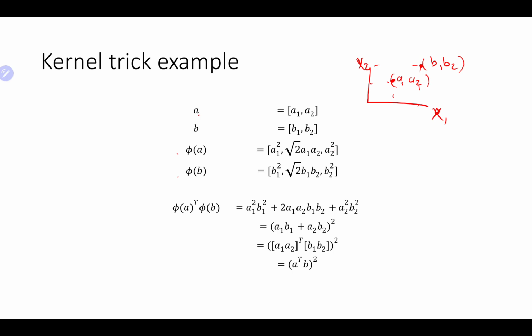This is the function it does. So every point as input to this phi function will be output in this manner. So it becomes a1 squared, square root of 2 times a1 a2, and then a2 squared. So we have 2 dimensions here, and then we have 3 dimensions here. Same thing for b, same output.